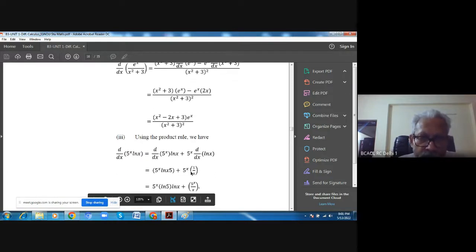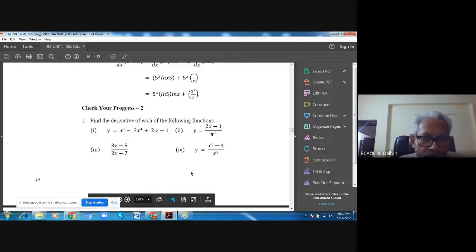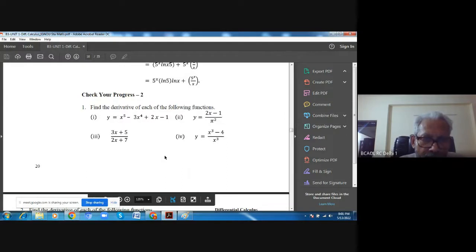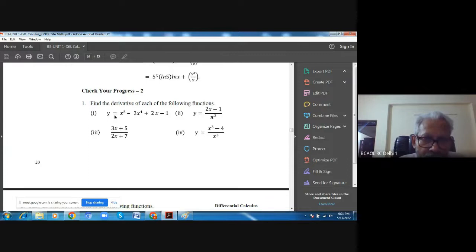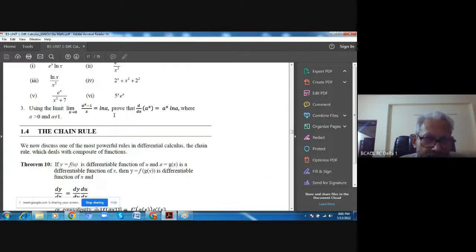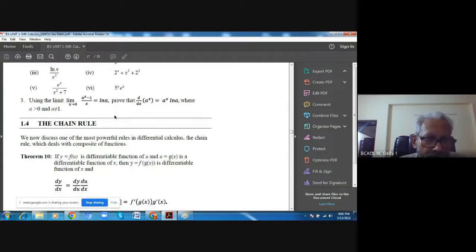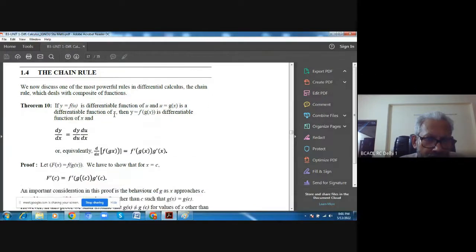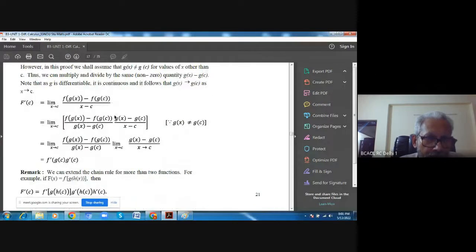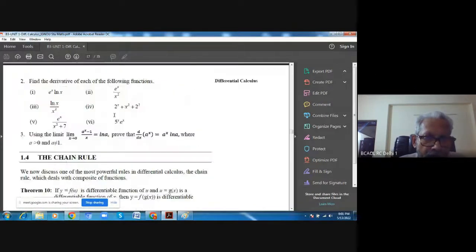I can show you some of it. Another example, y is equal to x to the power 5 minus 3x to the 4 plus 2x minus 1. You see here what they did. Okay, I think you have to do it.